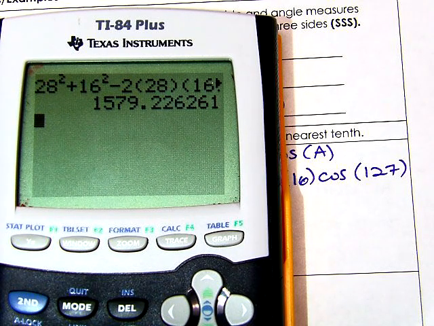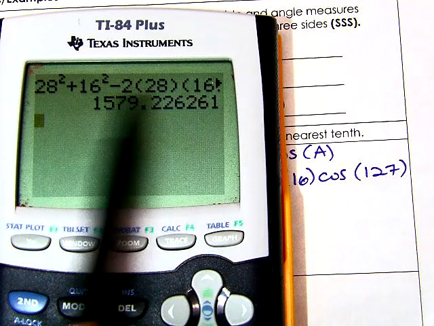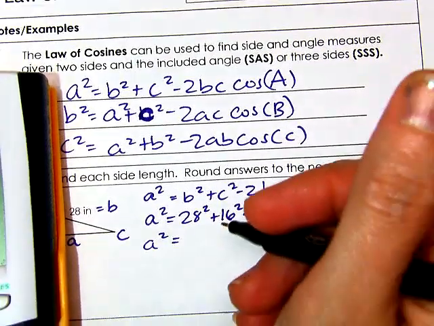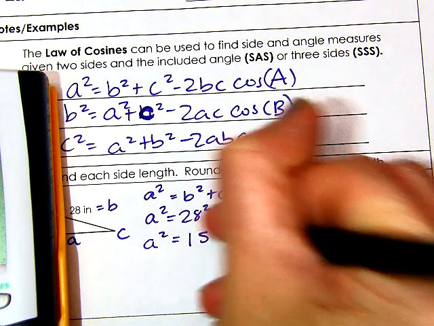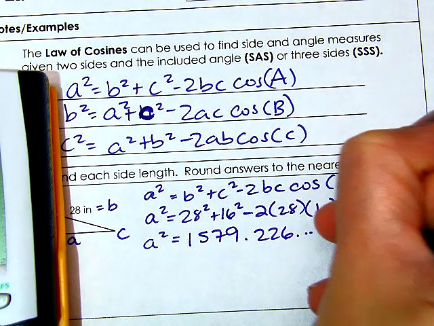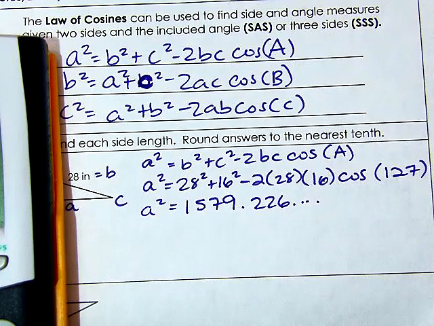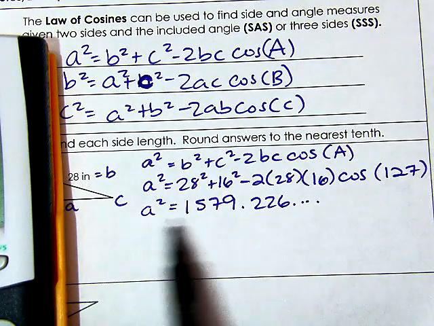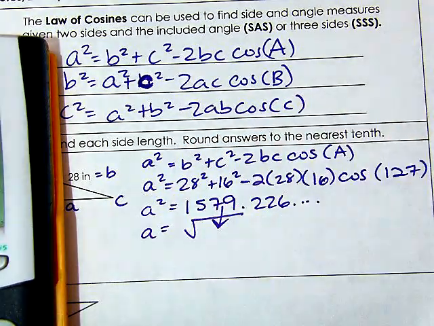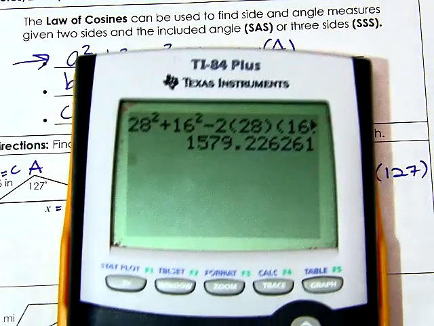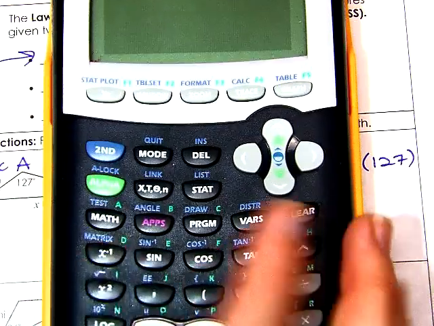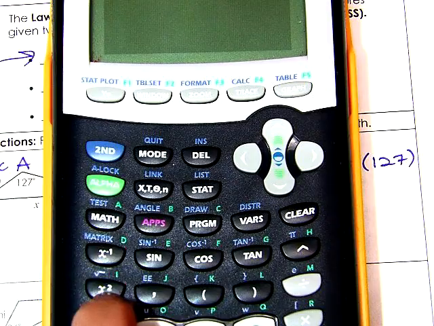So just like on Friday, I'm not going to round this number until the very end. So I'm going to say that A squared equals 1,579.226... to show that I'm going to use a bigger number. And so to solve for A, I'm taking the square root of that number. So in my calculator, I hit second square root, which is right here on the square button.